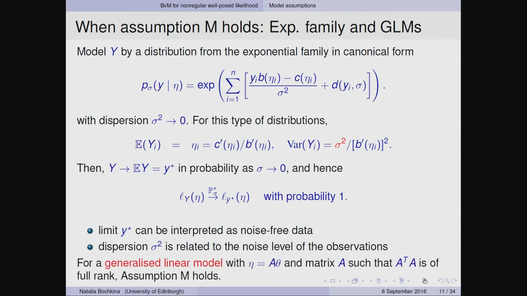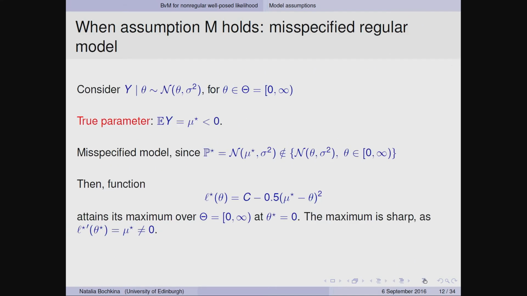It's called an inverse problem. And that actually works for generalized linear models if A transpose A is full rank too. So this assumption holds for misspecified models where the likelihood is normal.